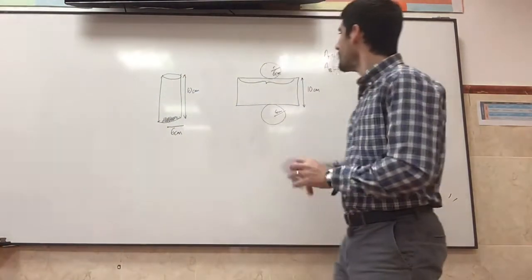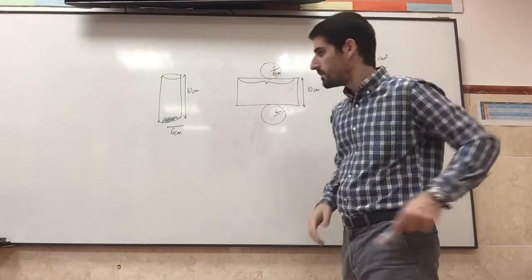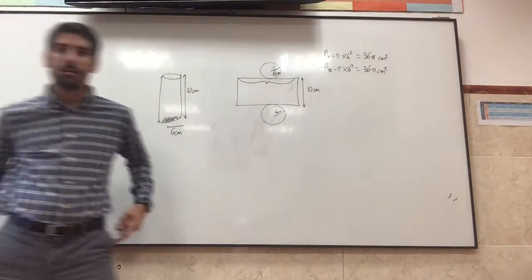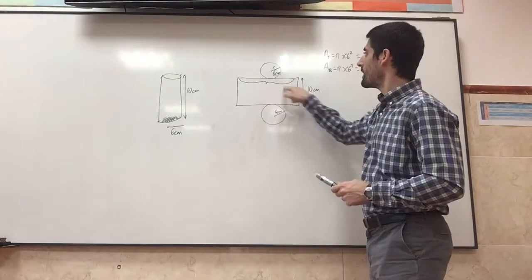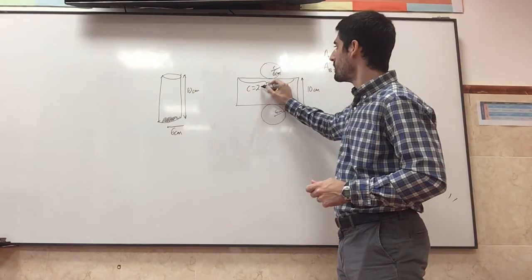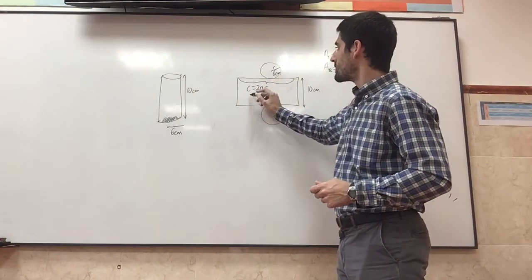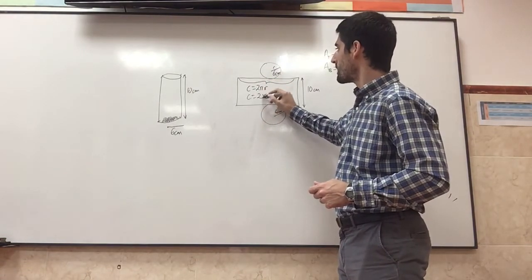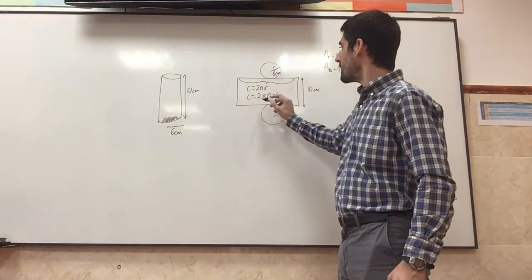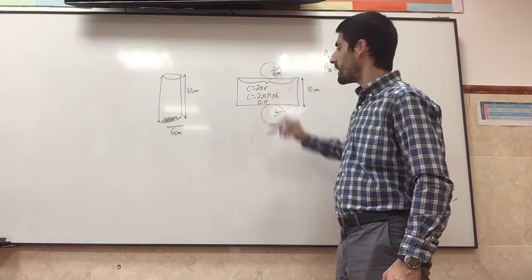So this bit here, this is my red pen, this is my black pen, that there is the circumference, which is 2 pi r. So the circumference is 2 times pi times 6, which is the radius, so it is 12 pi.